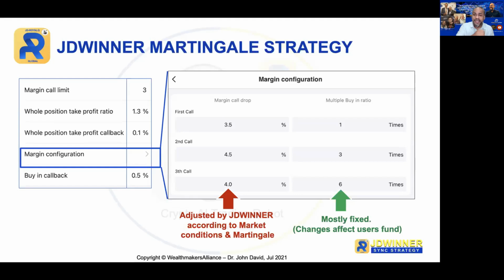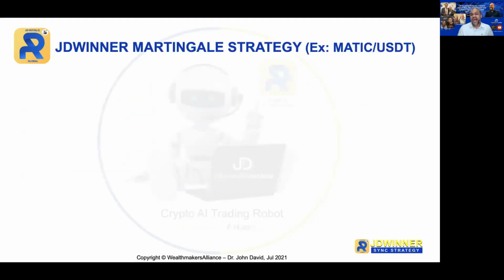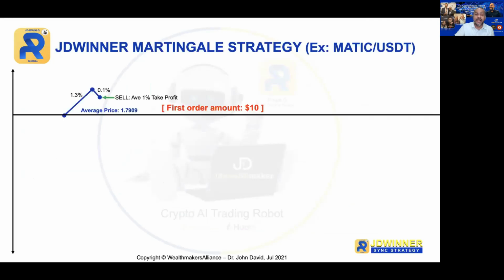All right. So in saying that, let's look into the Martingale strategy. How does the Martingale actually work? And I'm going to use an example of Matic here, the Matic USDT pair. I'm going to use the first order amount of 10, and you see the average price is 1.79. Now, let's say, at $10, when the market actually executes at $10, what happened?